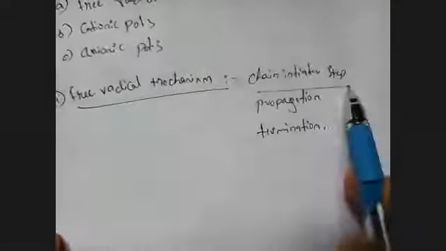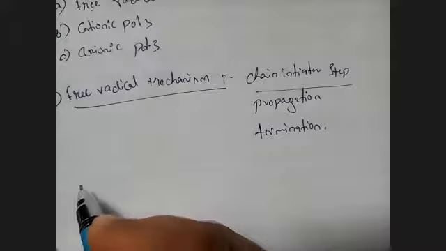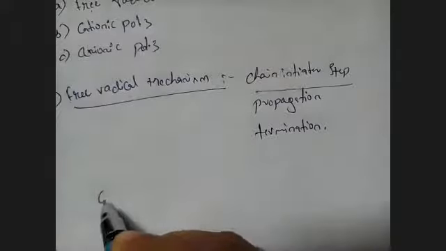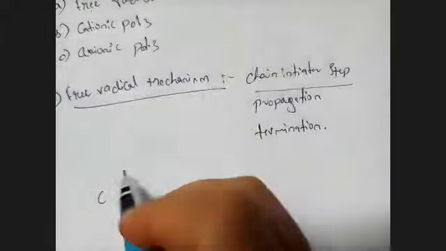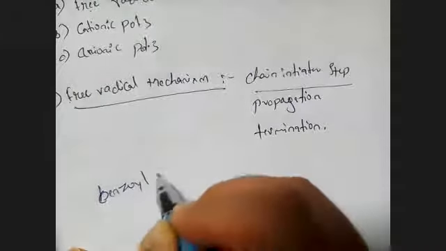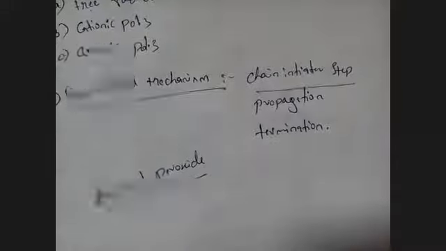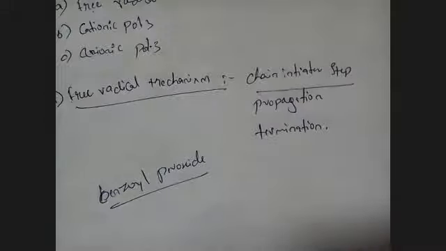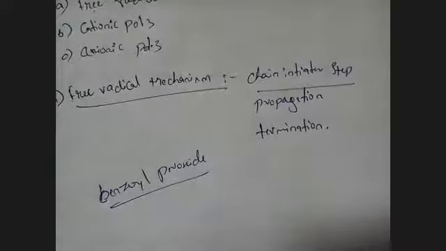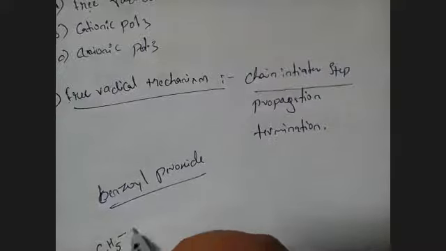Now first point, in free radical we are going to initiate the chain. How do we initiate? Suppose I'm taking the example of benzoyl peroxide. I'll write down the structure of benzoyl peroxide, C6H5C.